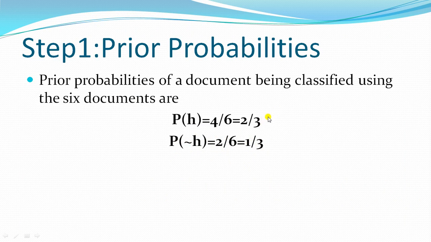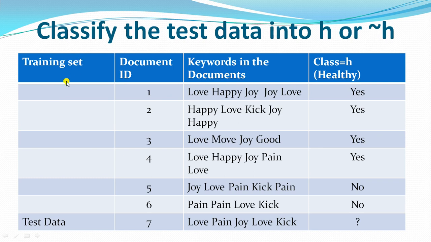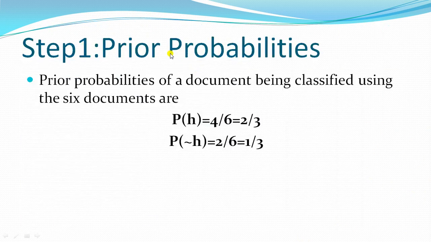That means 2 by 3 of this training set lies under class H and 1 by 3 lies under class negated H. Generally we use negated because it means no: H means yes, negated H means no. So 2 by 3 lies under yes and 1 by 3 lies under no. This is our first step, calculating prior probabilities.